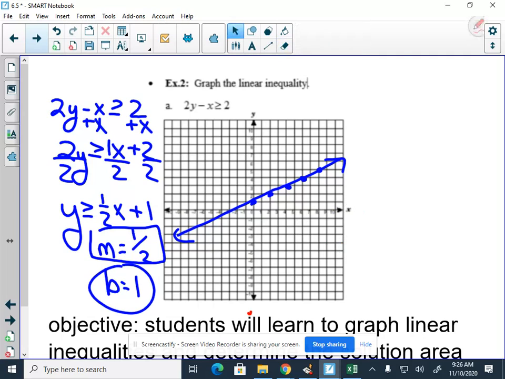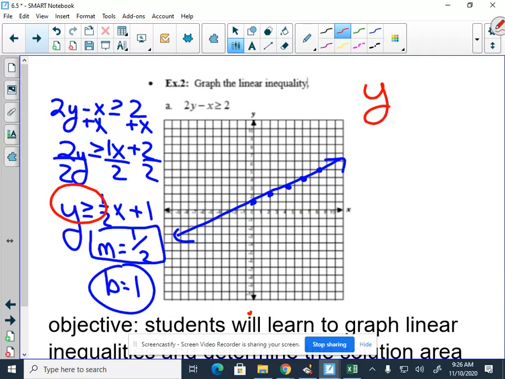For me, the simplest way is when it is solved, I look at this and it says y is greater than or equal to. Now, if you can't tell the difference, we read in math from left to right, just like we read in English. So that's the way we read mathematics. The reason that's a greater than sign is that this side is bigger when I come across.